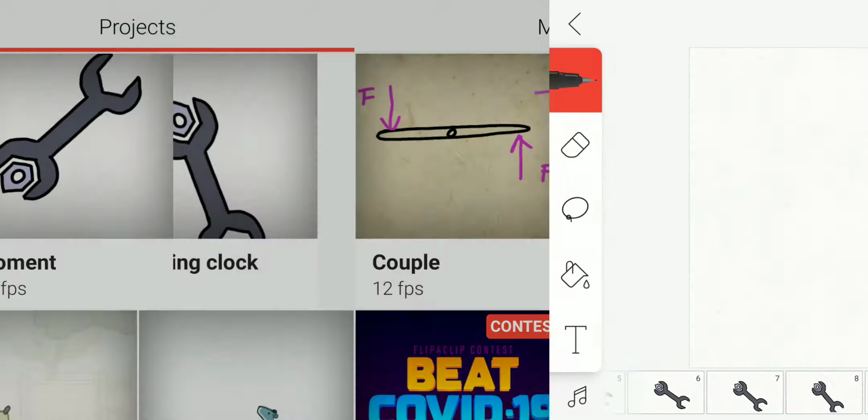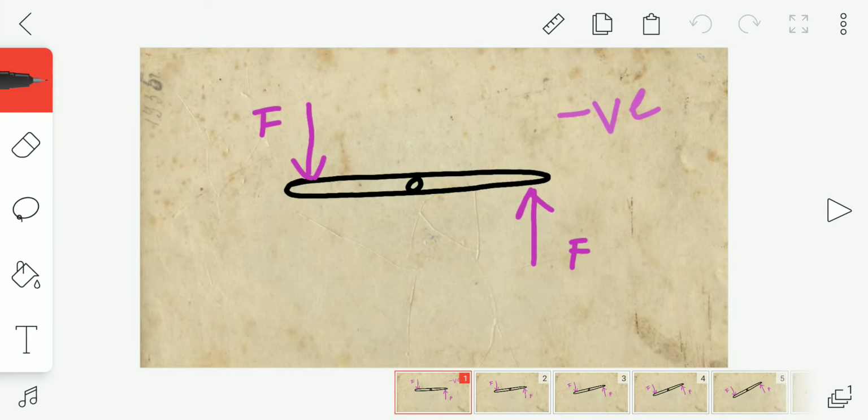Let us also look at couples. We all know that a couple is nothing but two parallel forces acting on a body while maintaining some distance. This force will have a line of action like this, and this force will also have a line of action.